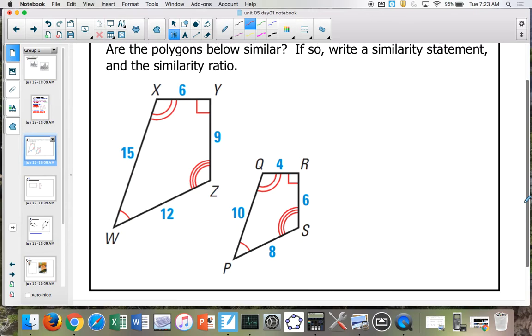So let's pick any side from the polygon on the left. Let's say I use 6 from X to Y. That matches up with the 4 in the other polygon. So I need to see if that fraction is equal to any of the other matching corresponding sides.